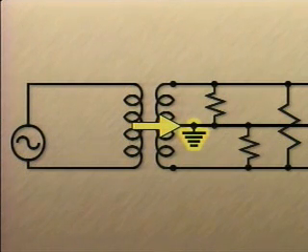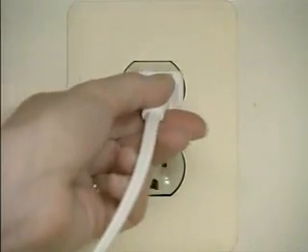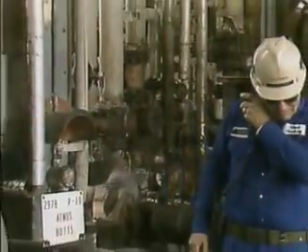The neutral line in a three-wire system is usually grounded as a protective measure. The same is usually true for one of the lines in a two-wire system. Then, if an ungrounded line accidentally becomes grounded, a short circuit will occur, and the circuit's fuses or circuit breakers will open the circuit.